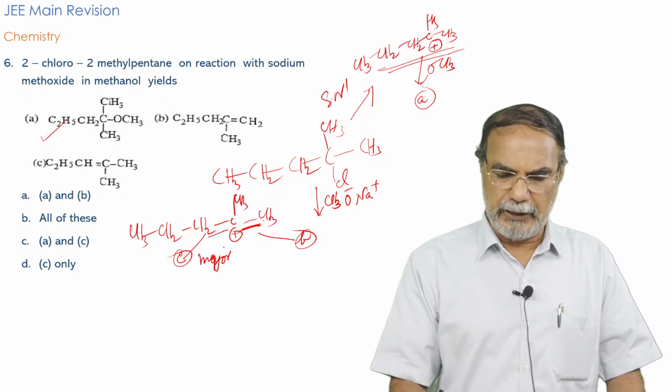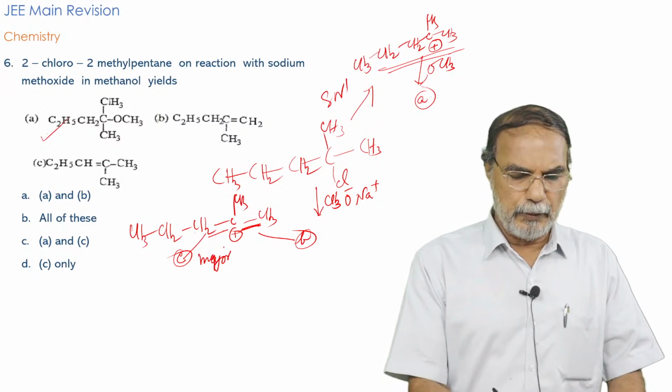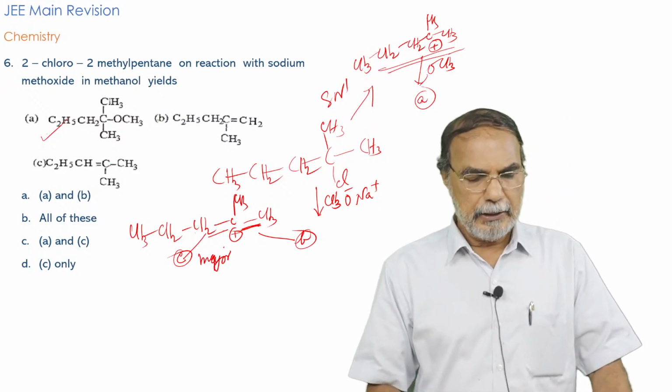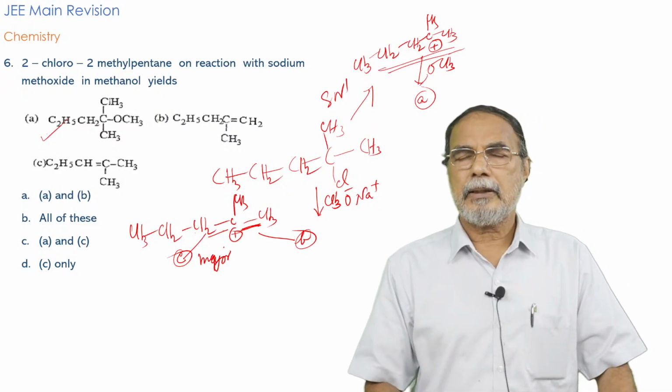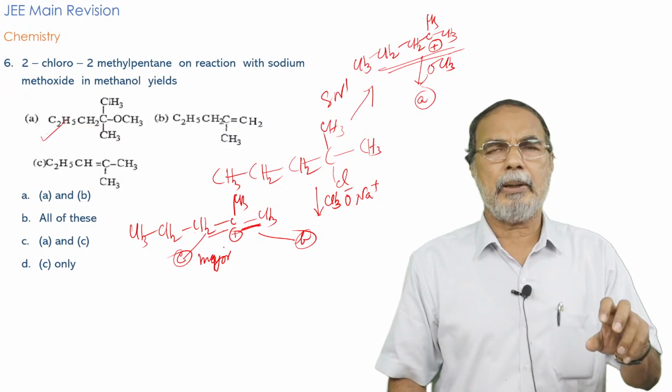A proton from here generates a double bond here, a proton from here generates a double bond here. So you have B and C as the products, of which C is the Saytzeff product, and that is likely to be the product formed in major amounts.